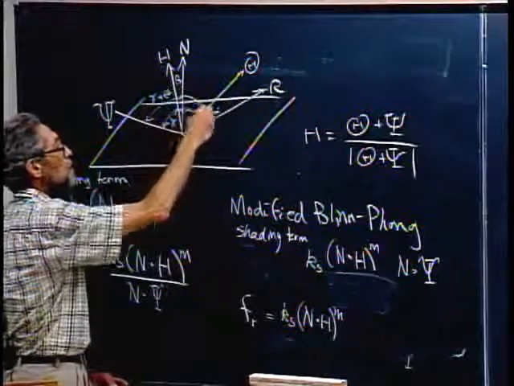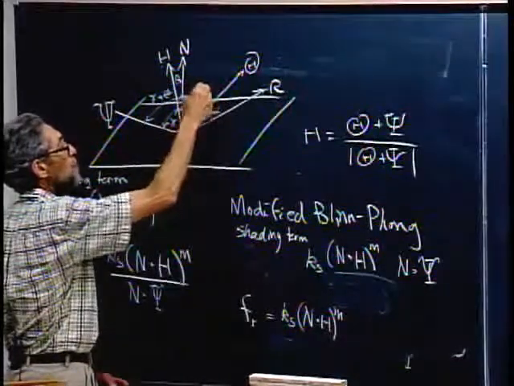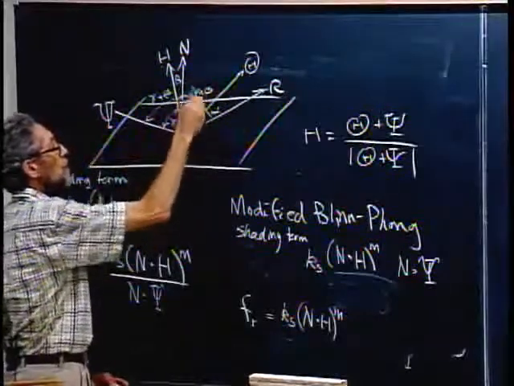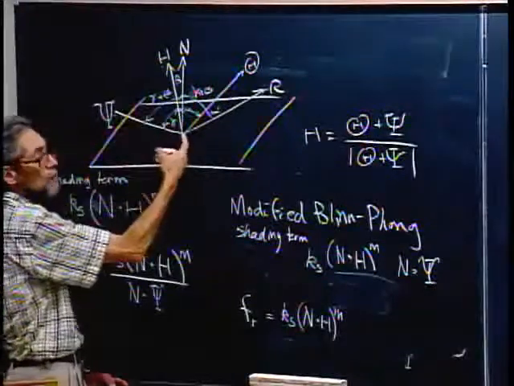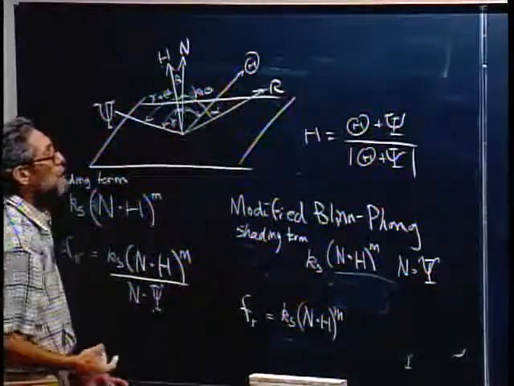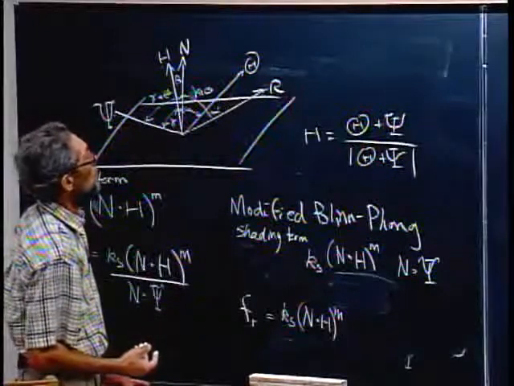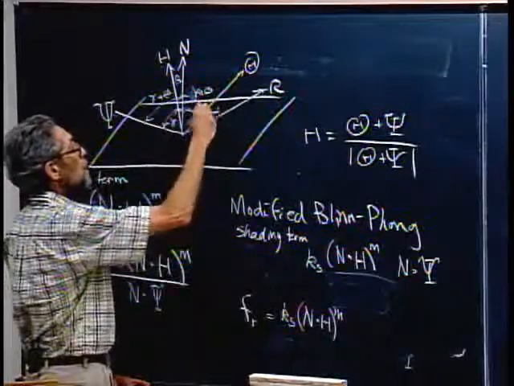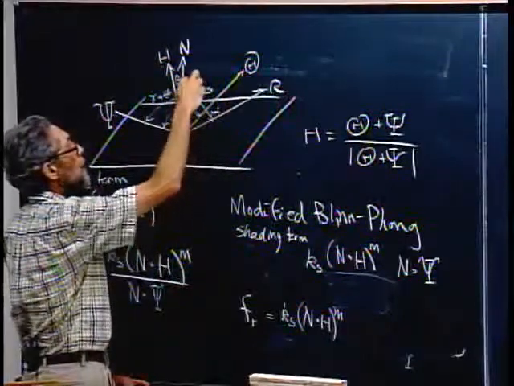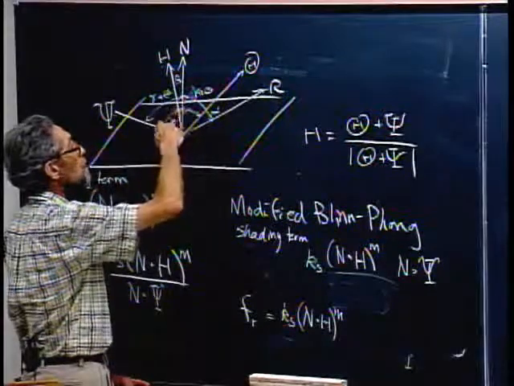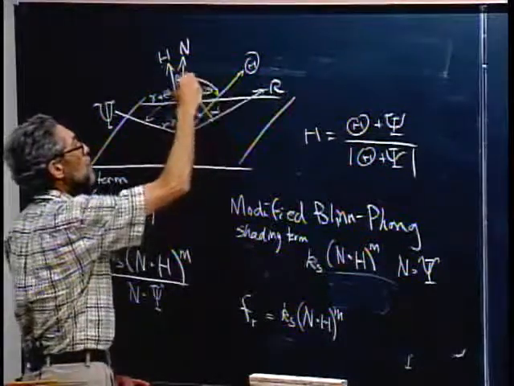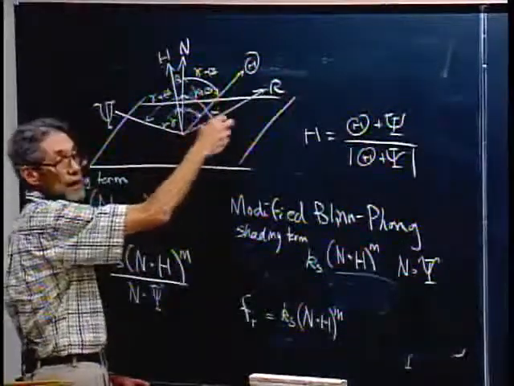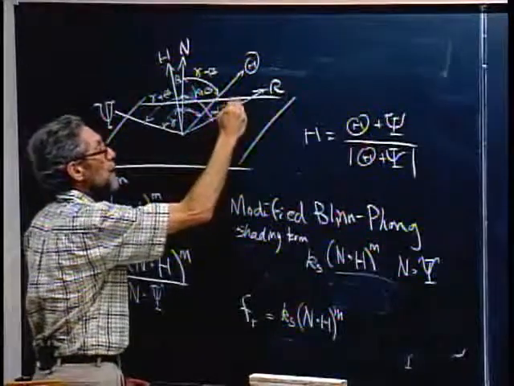And that angle here is also gamma plus beta because R is the perfect mirror reflection of this incoming light. And let's see, what does that mean? This much is gamma plus beta, and this is gamma, so this much must be gamma minus beta, right? And that means their difference is 2 beta. So alpha is 2 beta.